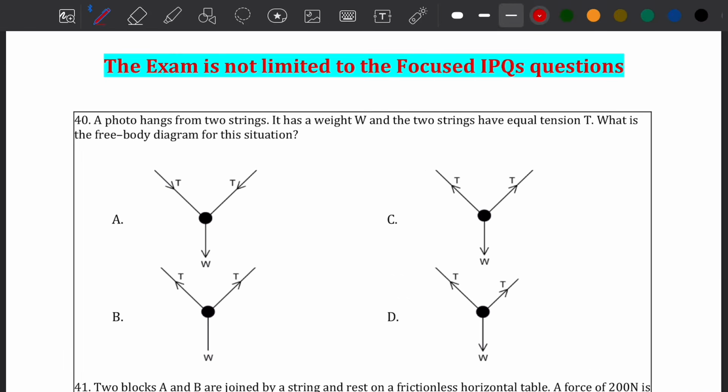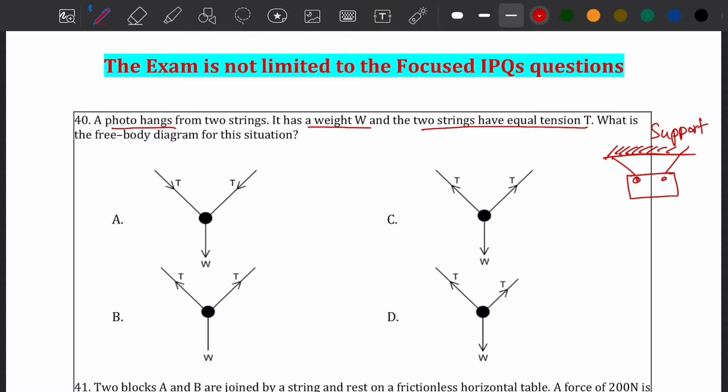Next, a photo hangs from two strings. It has weight W and two strings have equal tension T. What is a free body diagram for this situation? Let's just see how it looks to hang the picture. You have a picture, you are hanging it with the help of two strings from some support.